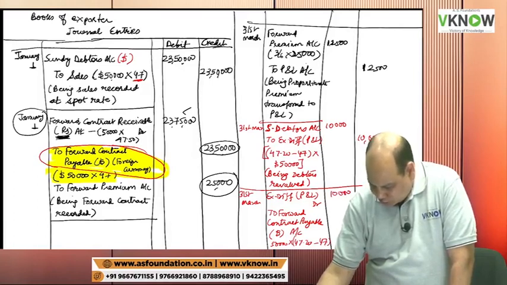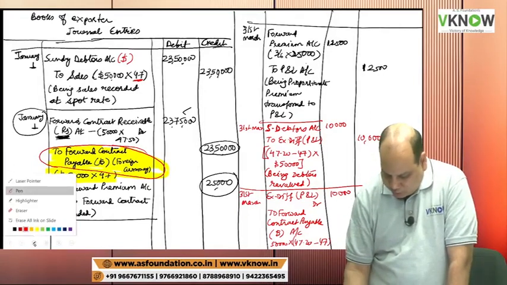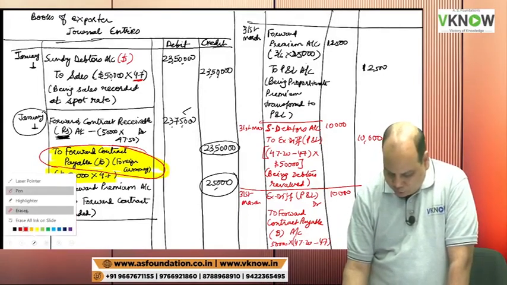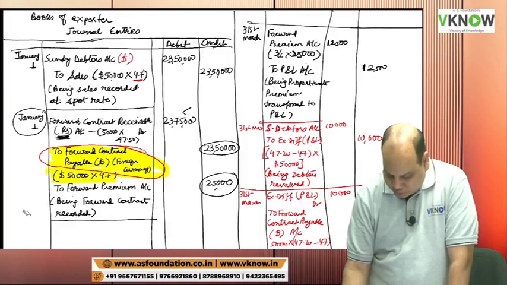Credit side also 10,000 rupees. So effectively there is no effect because of the exchange fluctuation.